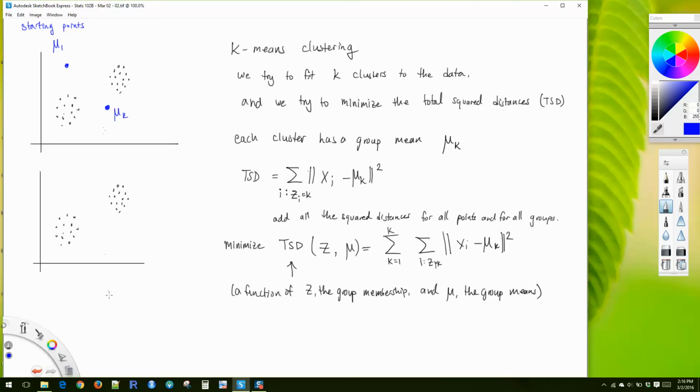And then basically I've got two steps that I iterate. Step 1, basically assign points to the group with the nearest mean.